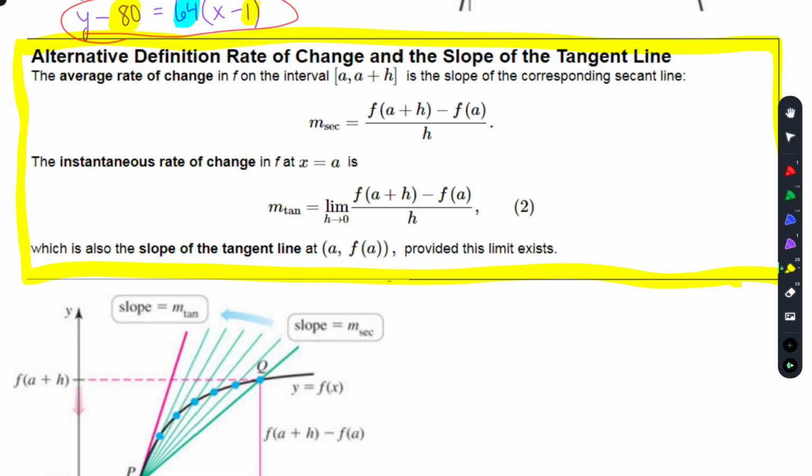It was like x minus a. They think of it as this point plus a little away from it. So they think of it as h being like the x, like a distance away from the point. So I'll go through that a little bit more. Plus that formula doesn't even look like slope right now.